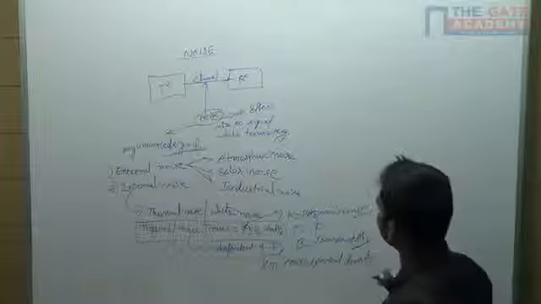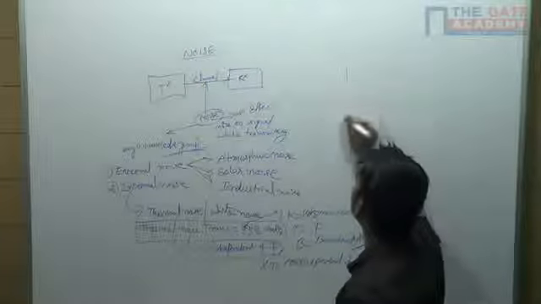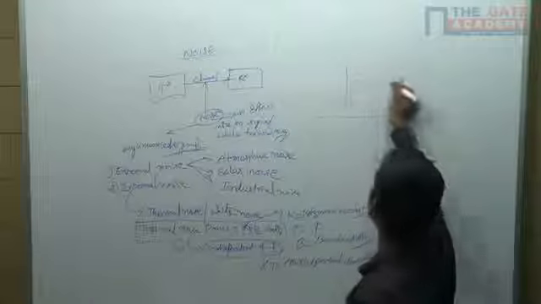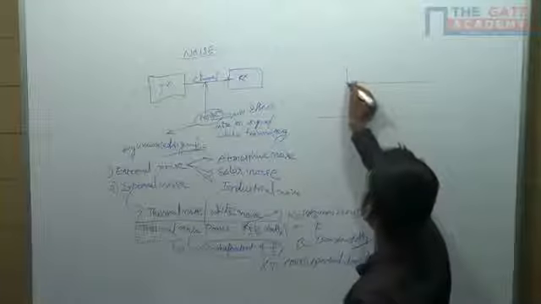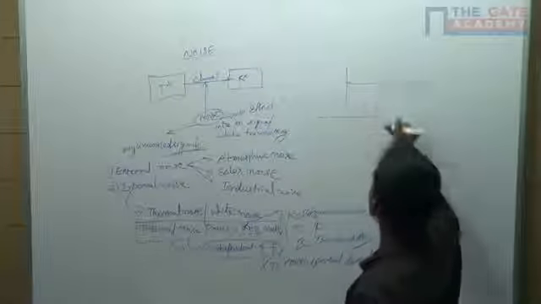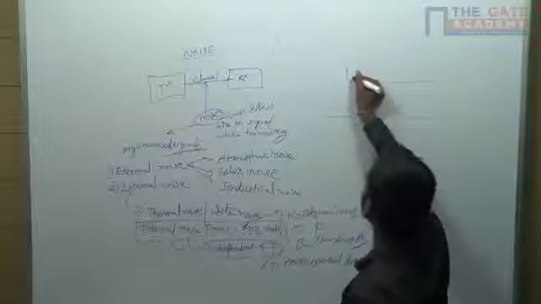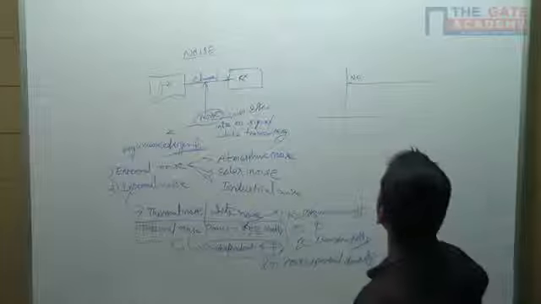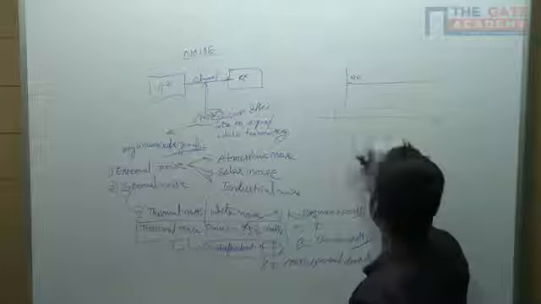Now this thermal noise or white noise can be single sided or double sided. If it is single sided, then this is the graphical representation, kT equal to N0. This is N0, a single sided thermal noise.